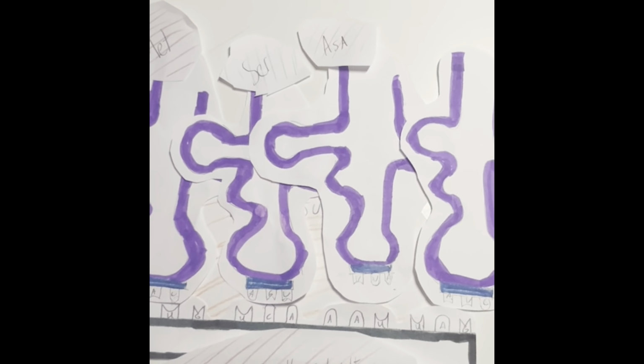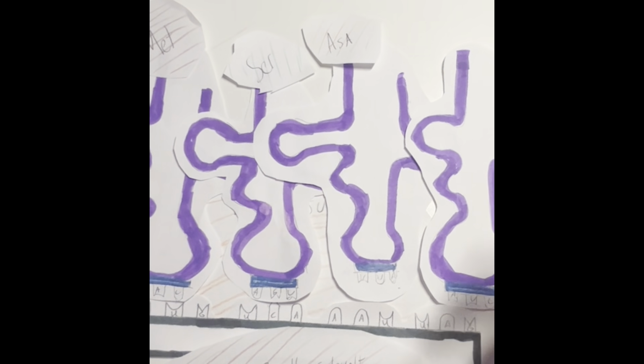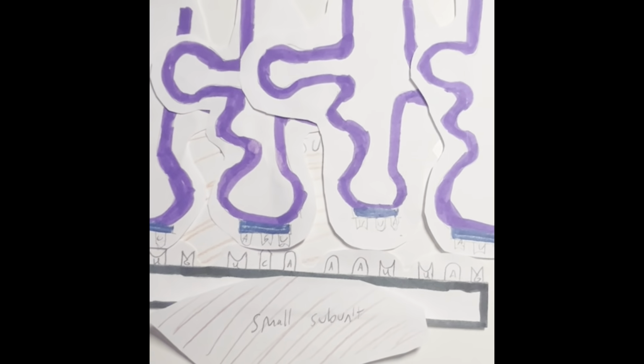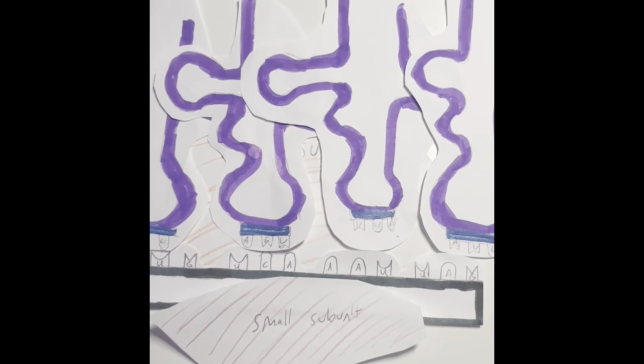Finally, in the termination phase, translation ends when a stop codon is reached on the mRNA. Release factors in the ribosome recognize the stop codon and trigger the release of the completed polypeptide. In both prokaryotic and eukaryotic cells, this process takes place in the cytoplasm as well as transcription.